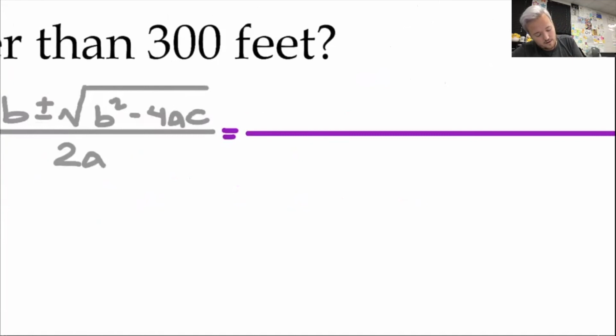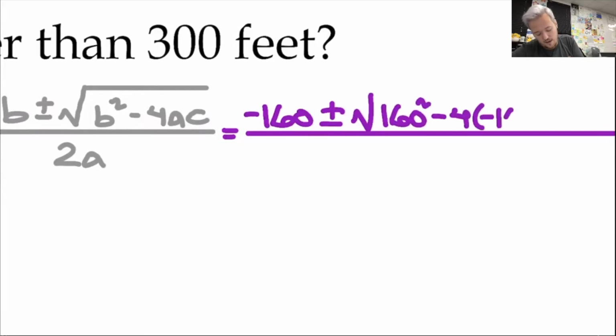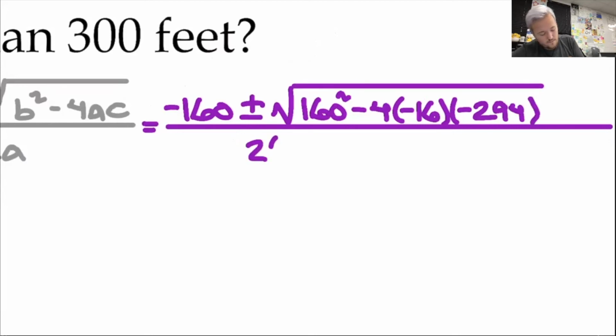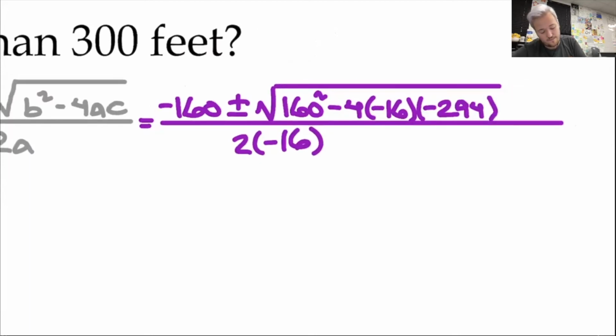So we're going to have negative 160 plus or minus the square root of 160 squared minus 4 times a times c, all over 2 times our a value.